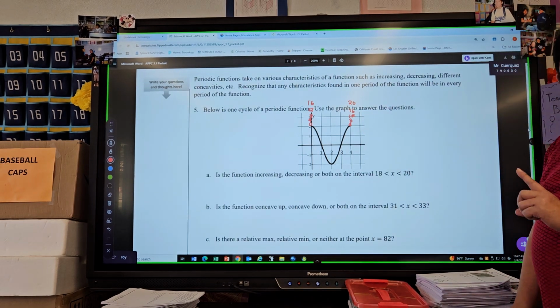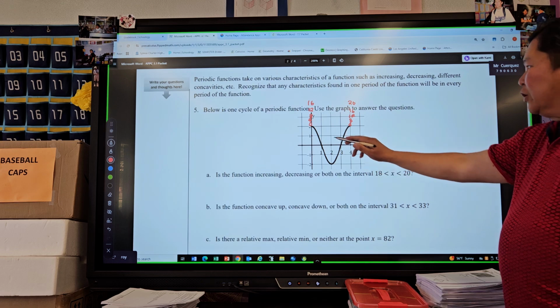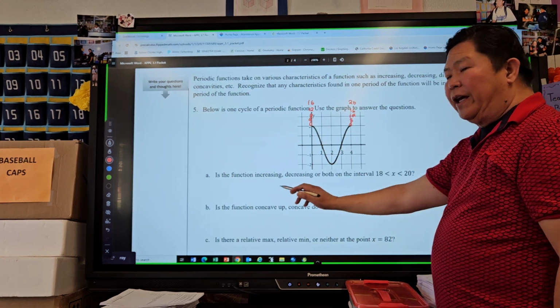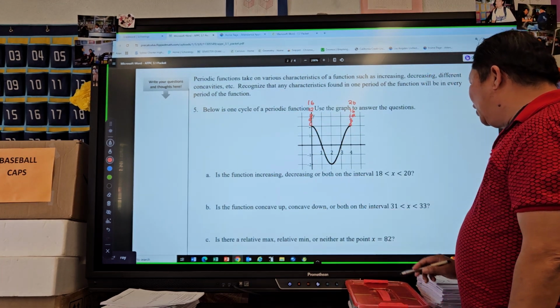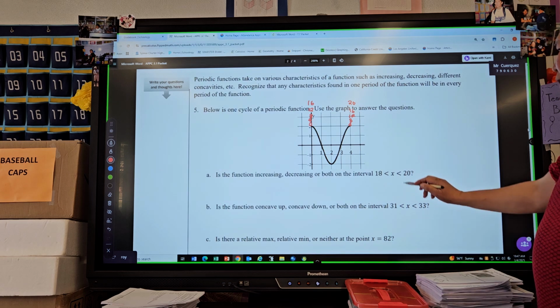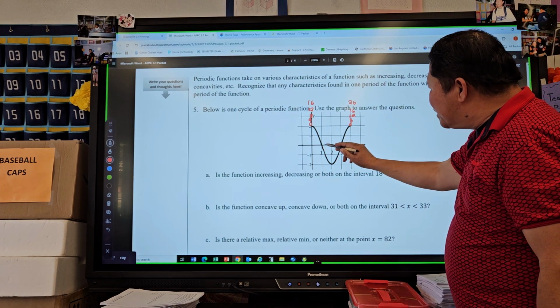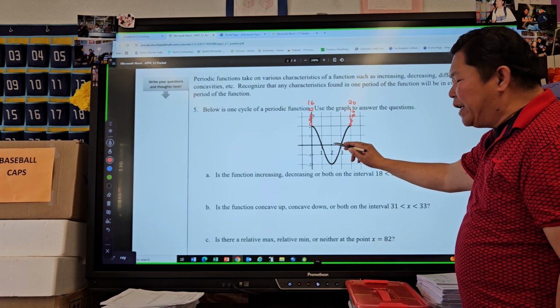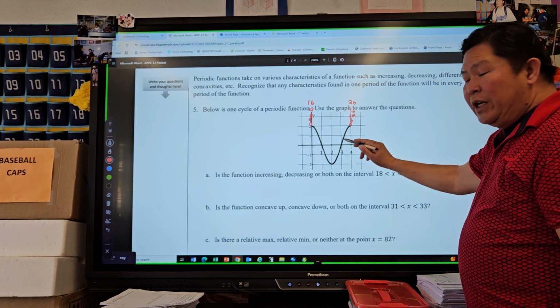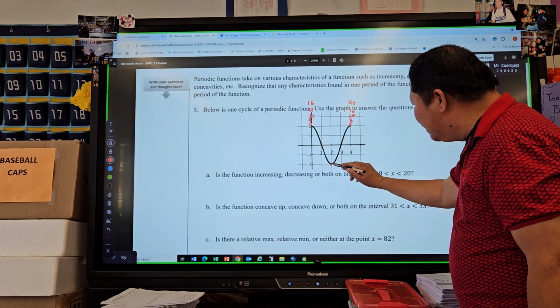So 16 to where? 20. Okay, now look at this. To complete the cycle, from 16 all the way to 20, or 18 to 20. If this is 16, this must be 17, and this must be 18. You get me? So the 18 is right here.